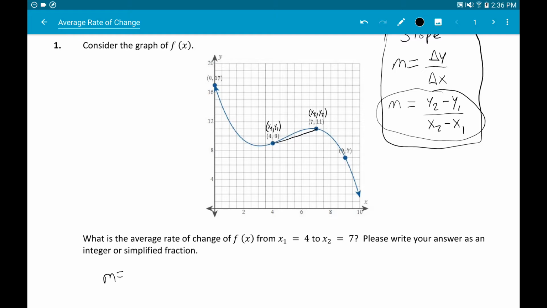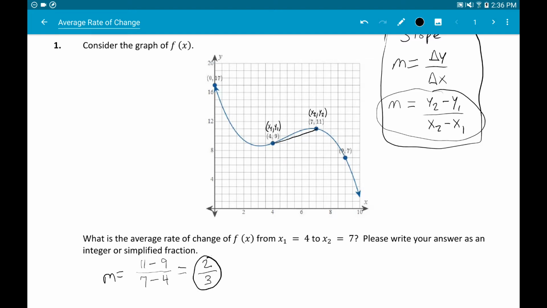Alright, so y sub 2 is 11 minus y sub 1 is 9. So 11 minus 9 for your numerator, divided by x sub 2 minus x sub 1, so x sub 2 is 7 minus x sub 1 is 4. And if we calculate that, 11 minus 9 is 2, 7 minus 4 is 3.